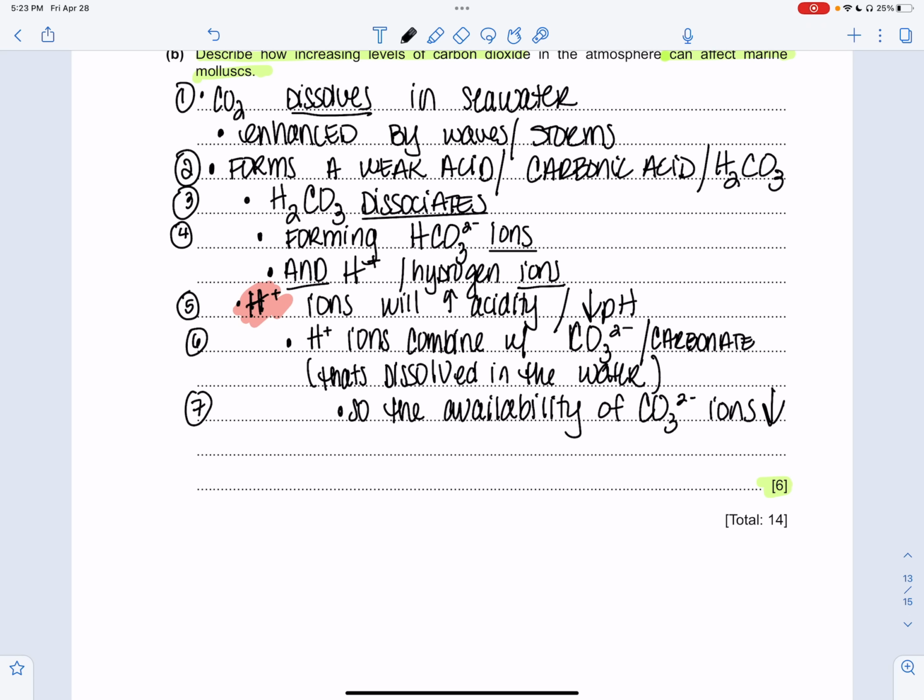Hydrogen ions will readily combine with the free-floating carbonate ions that are just in the reservoir of nutrients of the ocean. And so the availability of carbonate ions will decrease. And carbonate ions are needed for calcium carbonate shells. And then we can state that next.